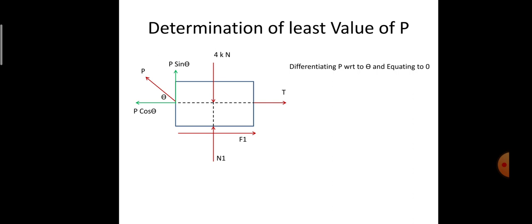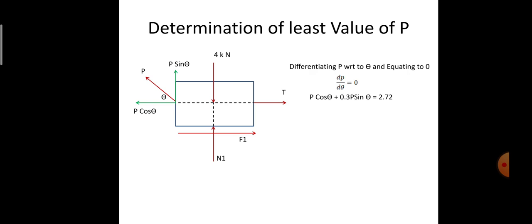We need to differentiate P with reference to theta and equate that to 0, that is dP by d theta equal to 0, because we want to find the least value of P.